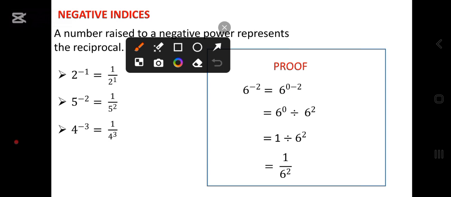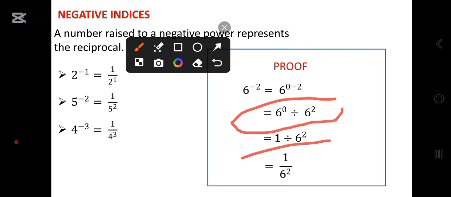This can be expressed in this form, 1 divided by 6 raised to power 2.